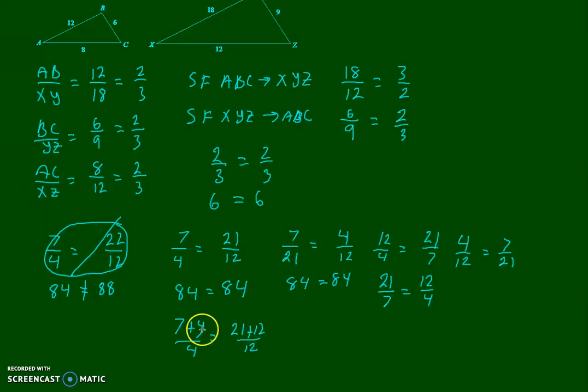Now taking these cross products, that would be 11 times 12, these two, and 33 times 4, which is 132 and 132. Doesn't matter that the values aren't 84 anymore. It's still a valid cross product because this equals this. So this is a true proportion.